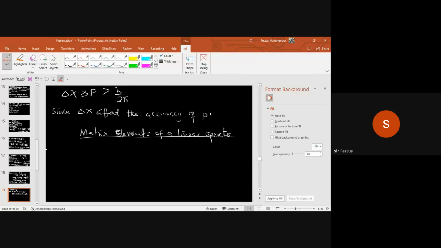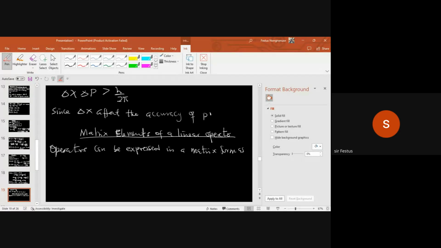Operators can be expressed in the matrix form as this.